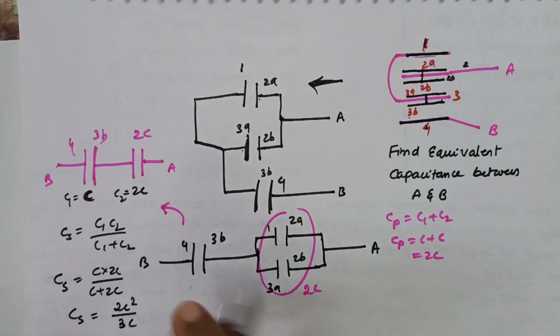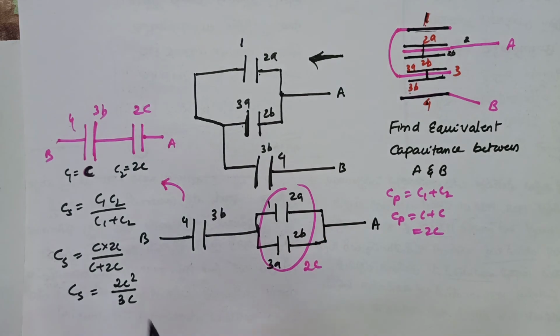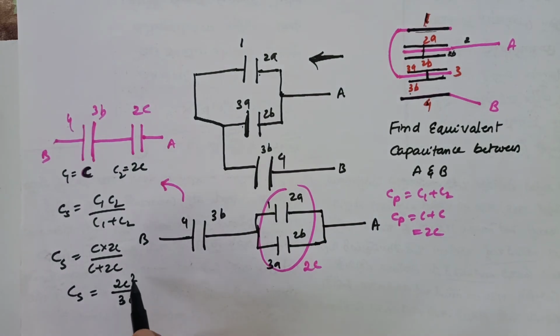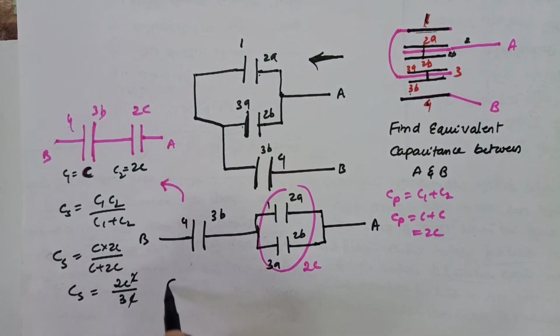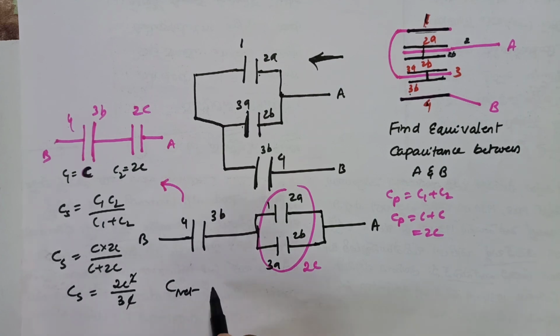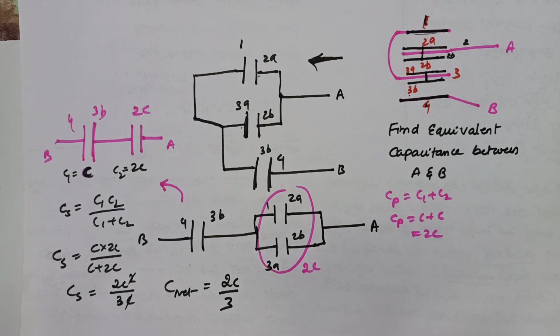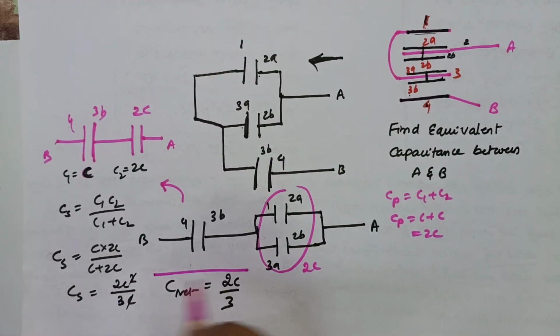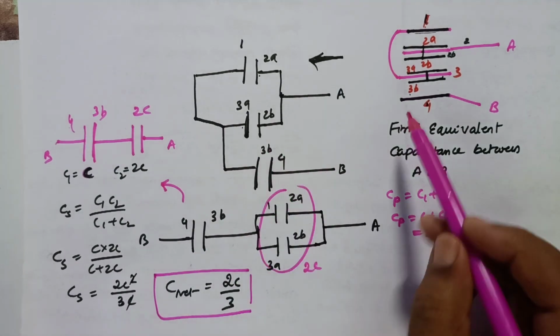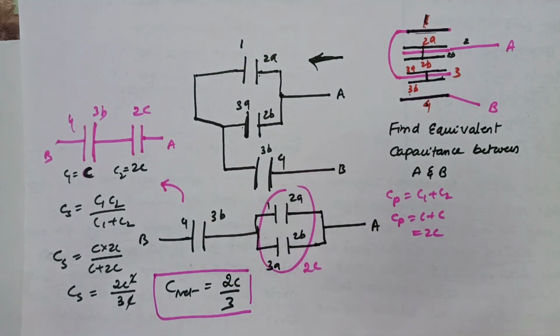Cancelling here this C, therefore the net capacitance is going to be 2C by 3. So this is going to be your final answer, which was a very confusing circuit. I have made it very easy just by splitting the capacitors into two parts. Hope you have understood. All the best in the NEET and IIT examination.